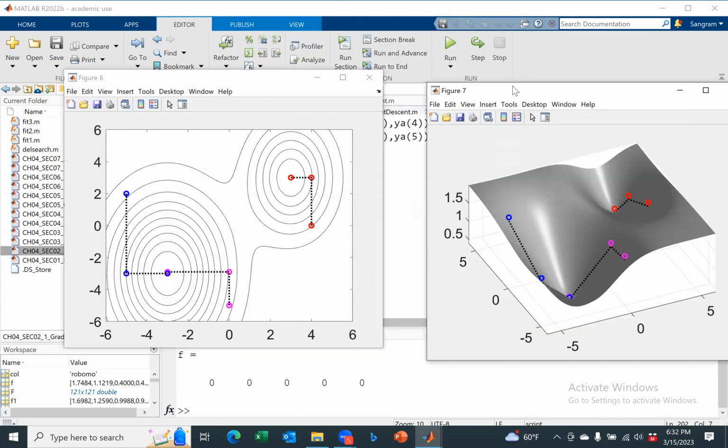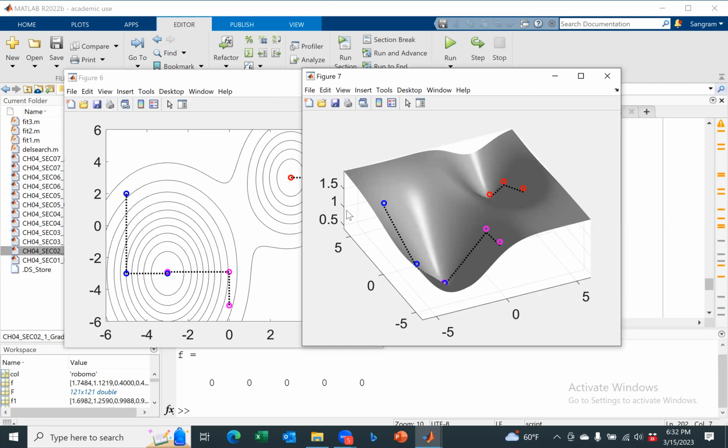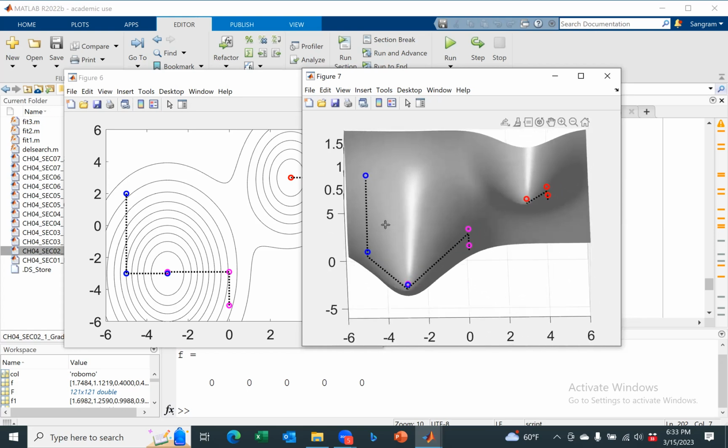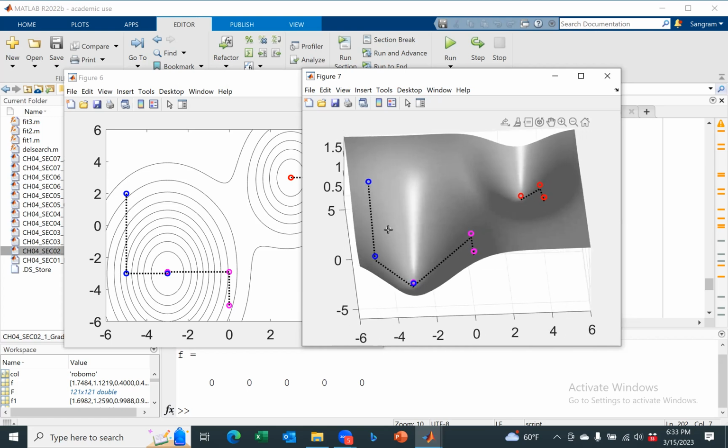you have this equation, you have this function, you have x and you have y, and you will notice that there is this local valley and there is this global valley, and you are welcome to actually rotate it. And the way the gradient descent is going to work is it is going to find out the change, basically the gradient or the derivative along one axis, and is going to find out the derivative along the other axis.